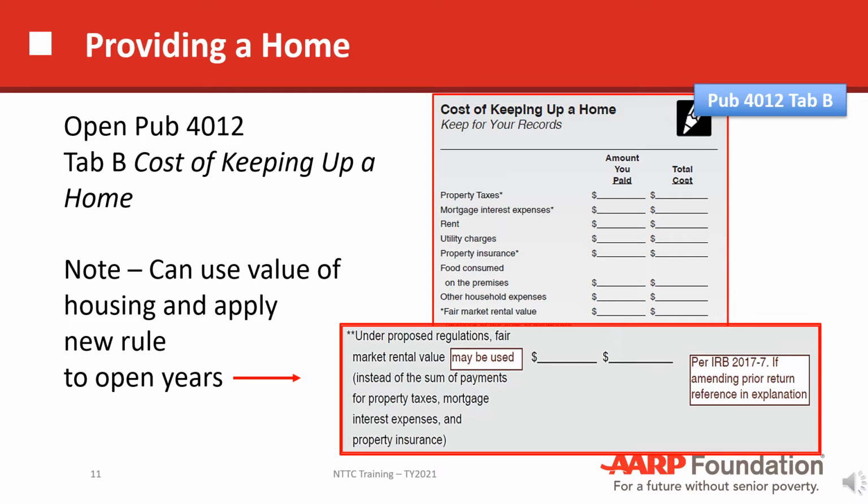If you know that other homes like yours are renting for X number of dollars per month, you can use that and save yourself the aggravation of having to add up all of those other figures.